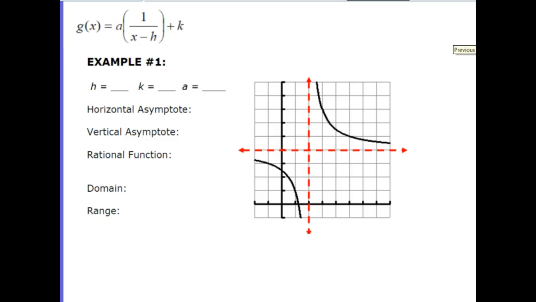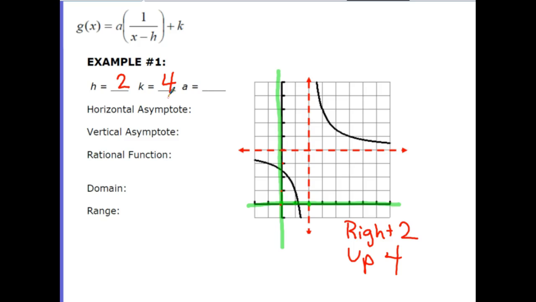So, the parent graph has an asymptote here and here. This asymptote has been moved right 2. The parent graph has an asymptote here. This one's moved up 1, 2, 3, 4. Up 4. We'll talk about the A in a minute.